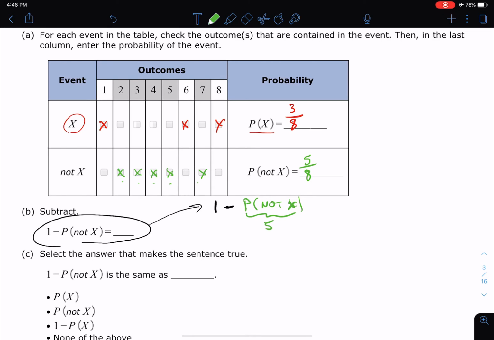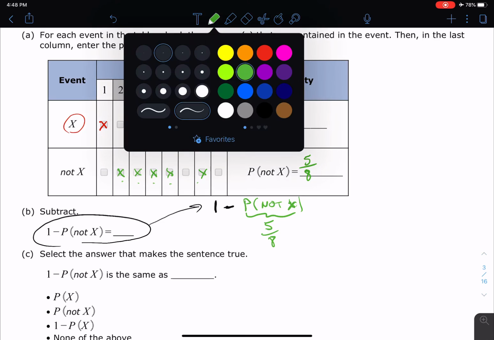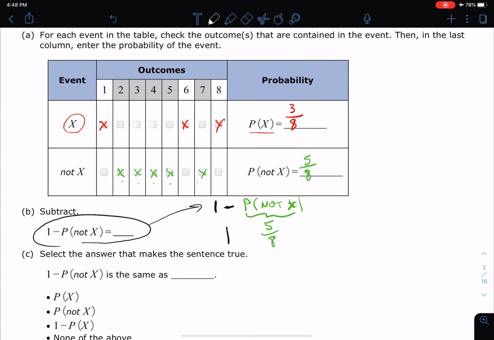That's just 5/8. So 1 minus 5/8. If you're not great with fractions, you have to have a least common denominator. And so that would be 8 out of 8. Isn't that the same as 1, right? So 8 out of 8 minus 5/8 leaves us with 8 minus 5 is 3/8.